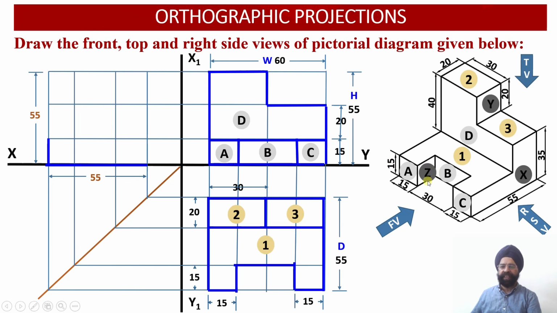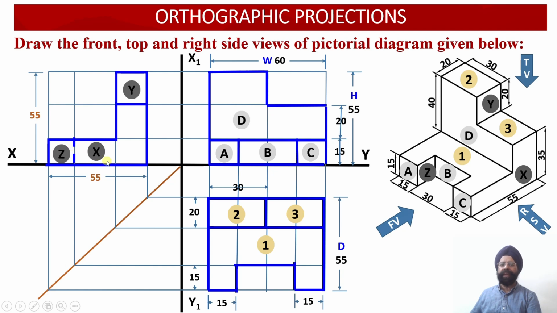Regarding surface Z, surface Z has been overlapped by surface X, but still it is a different surface. So here the dotted line will be drawn, and this will represent my surface Z. Let me complete it. Here I have got surface X, the complete portion, this is my surface Y, and this is my surface Z. Since surface Z was overlapped by surface X, corresponding to this edge I have to draw a dotted line.